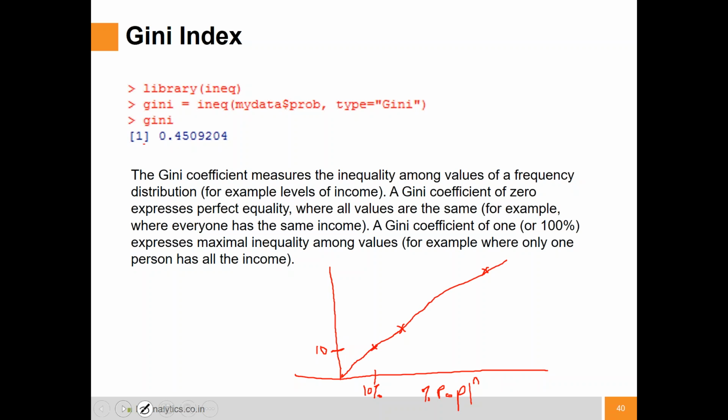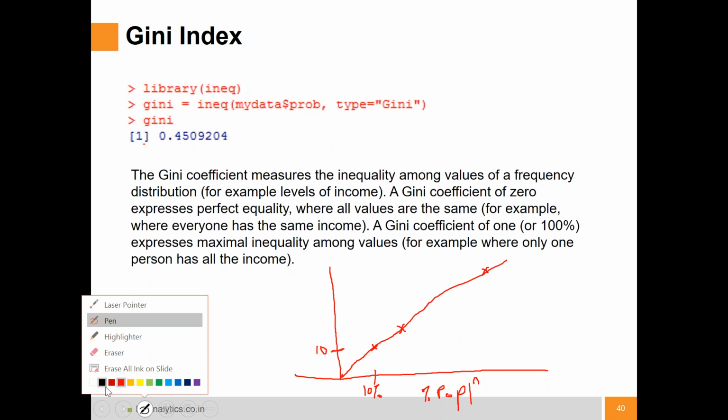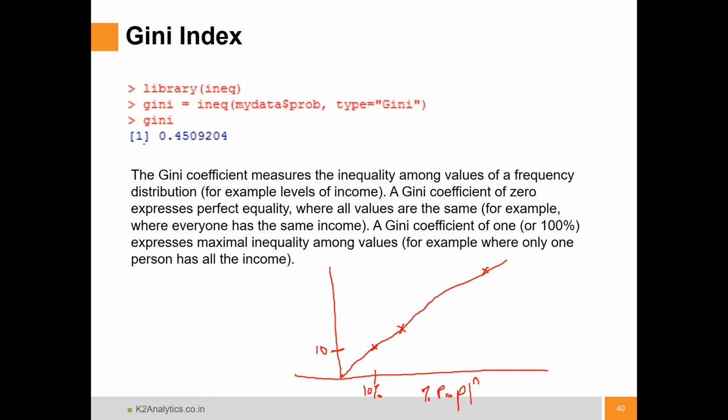But we know theoretical is not what is practical. We know that the bottom 10% hold insignificant wealth. If I take 20%, they still have insignificant wealth. If I take 30, they will have something, 40, 50. At the top 1 percentile, actually this graph goes like this. Agree? So if I put this as 100, and this is 100.